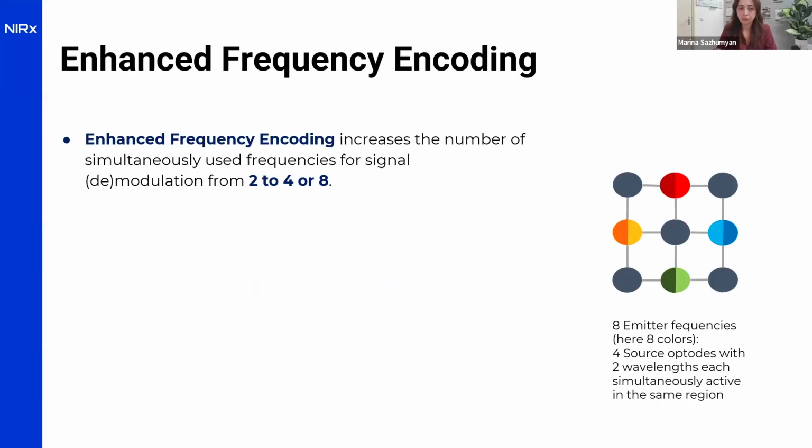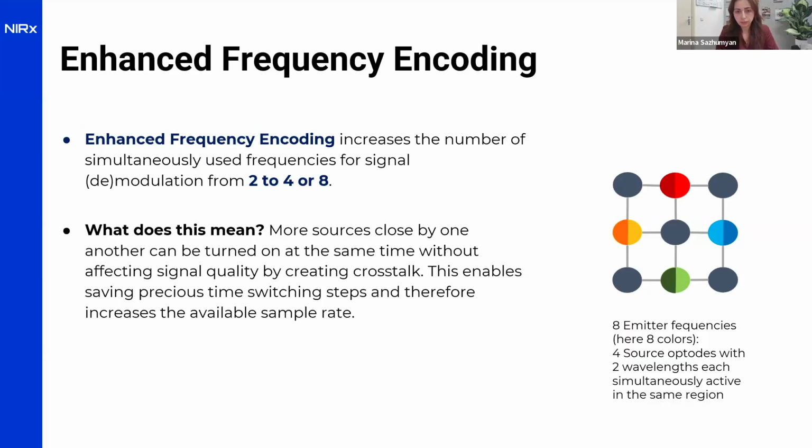So enhanced frequency encoding allows us to illuminate the sources that are located nearby simultaneously without causing crosstalk, and this is done by using unique frequency encoding. And you can see in this image on the right side, what is shown is 8 different emitter frequencies.